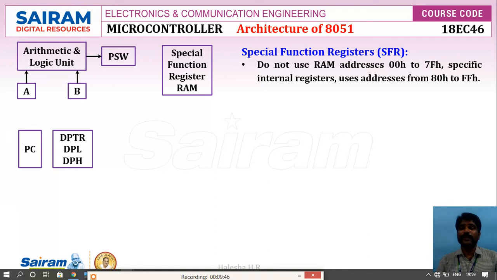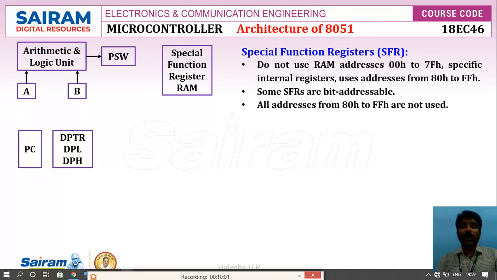They use the addresses above 7FH, that is 80H to FFH, for specific internal registers. But again, some of the SFRs are bit addressable. As I said, individual bits can be altered. So not all the addresses from 80H to FFH are used.